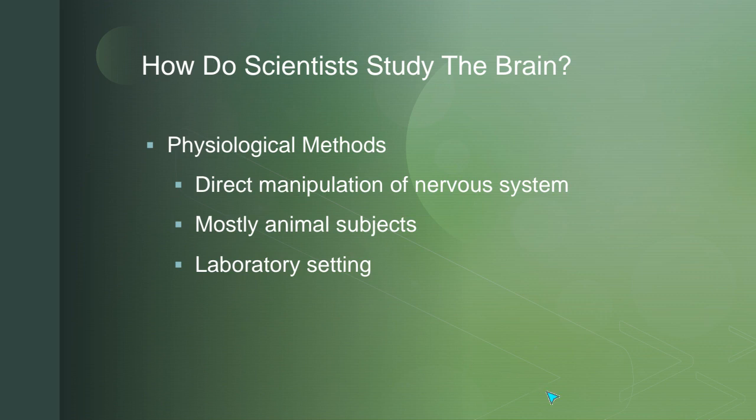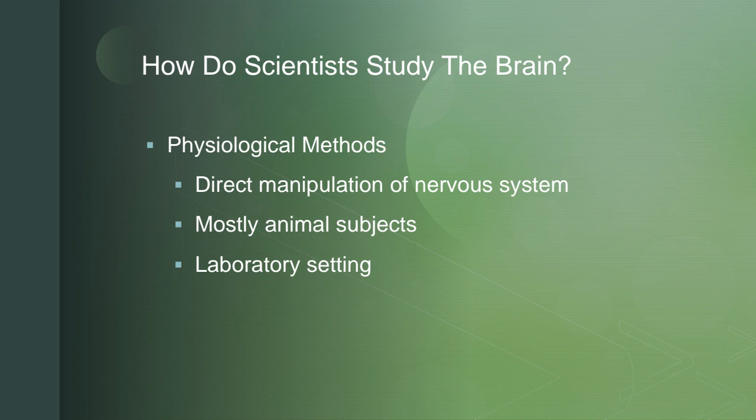Okay, we also have physiological methods. So these are methods where the researcher directly manipulates the nervous system in some way, in a controlled laboratory setting. So for example, lesioning studies where the researcher intentionally damages a part of an animal's brain.